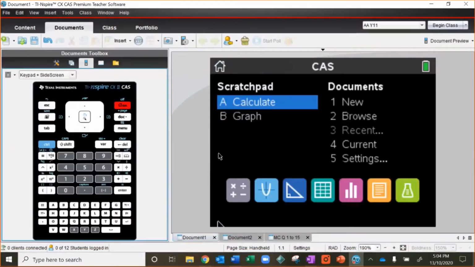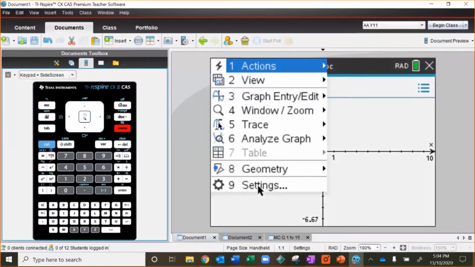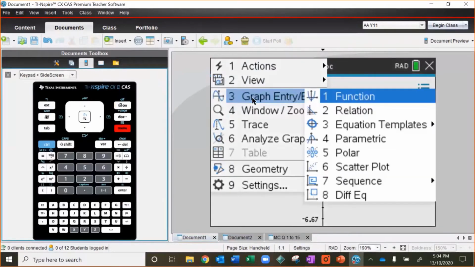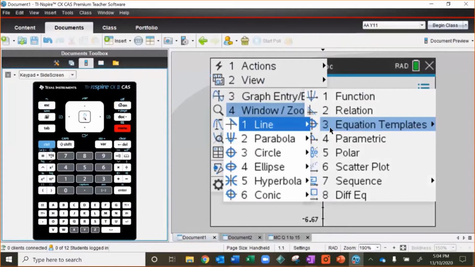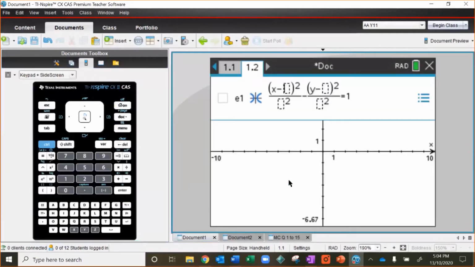So we need to get the calculator graph screen, and change the graph entry to equation templates, and we wish to have a hyperbola. There are two. This one is east-west, and that's the one we wish to have.